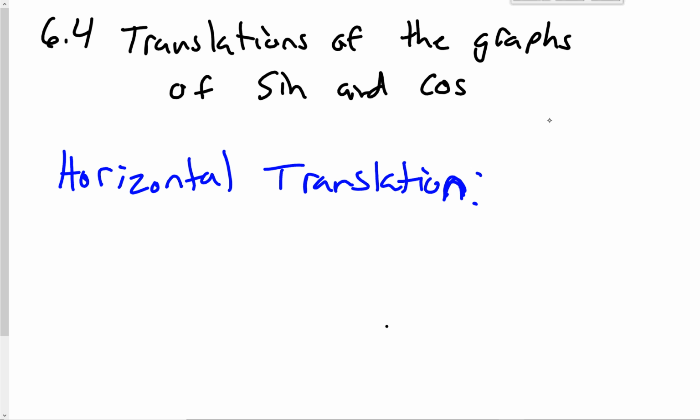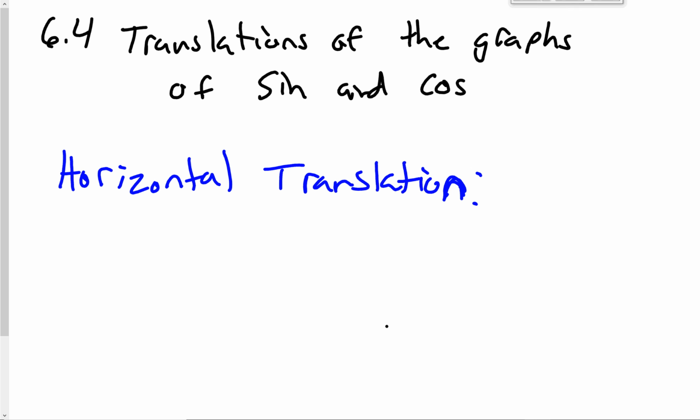Today we're going to look at some translation, so moving left to right or moving up and down. That's when we add something to our function at the end, or subtract something from our function at the end, or we move it left and right, and that's a horizontal translation.